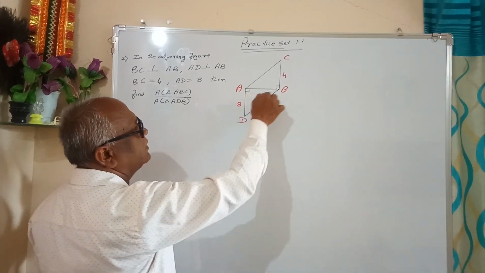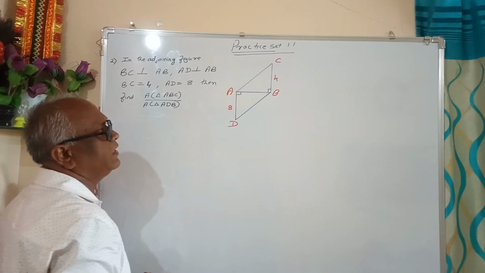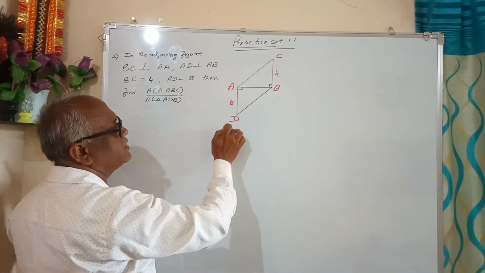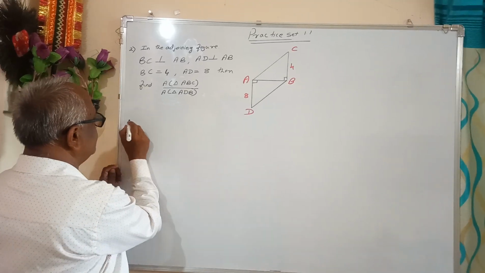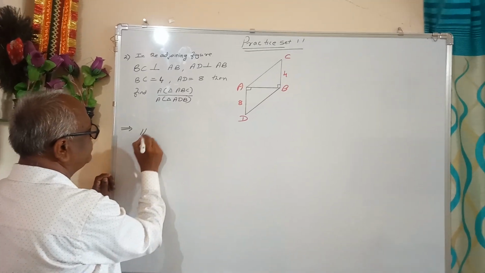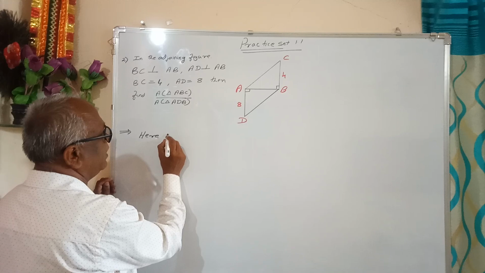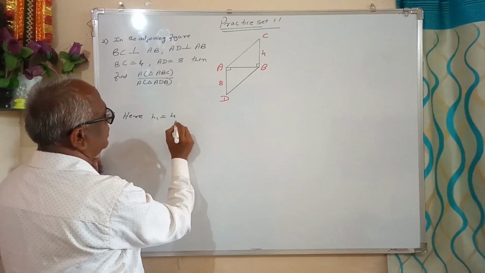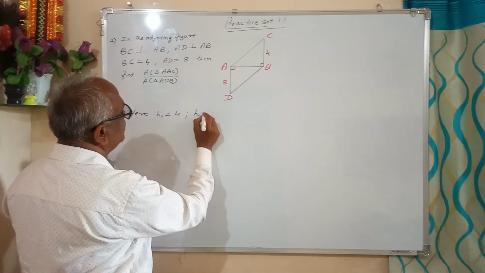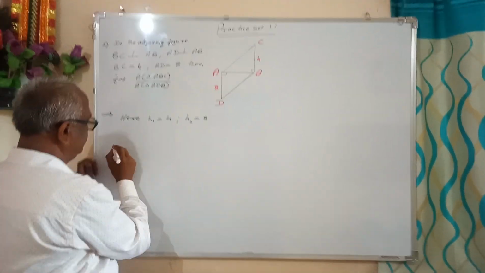Now the heights are given, that is, perpendicular heights BC is 4, AD is 8. The base is common for these. So solution. Here H1 is equal to 4 and H2 is equal to 8.